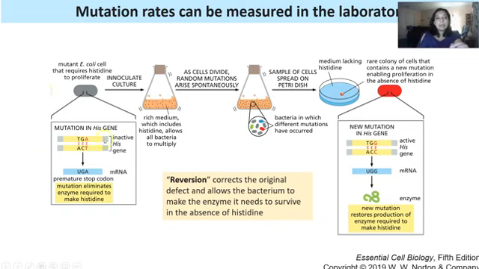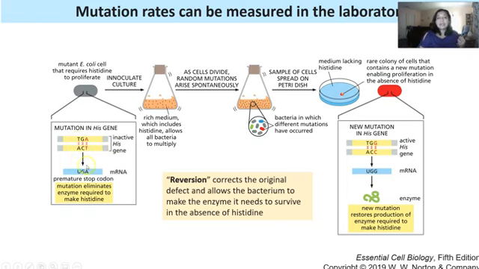For example, in this particular example, you have a mutant E. coli cell. This is a bacterial cell that requires that it is provided histidine in order to proliferate, divide, and grow. It is not able to create that itself because there's a mutation in the histidine gene, so that pathway is inactive.